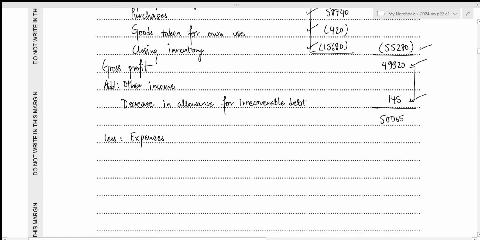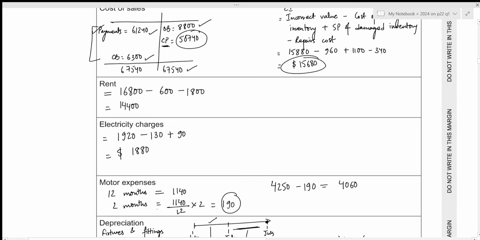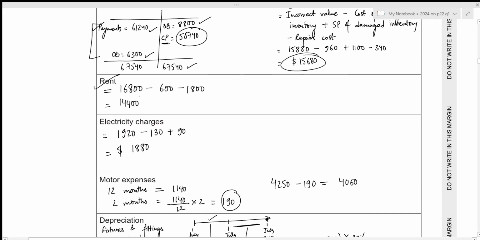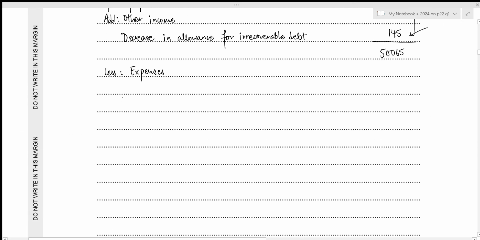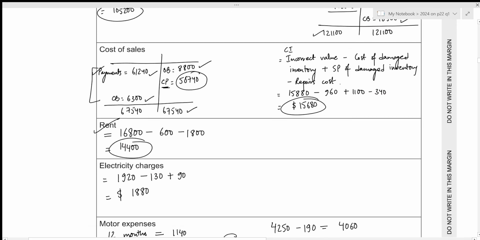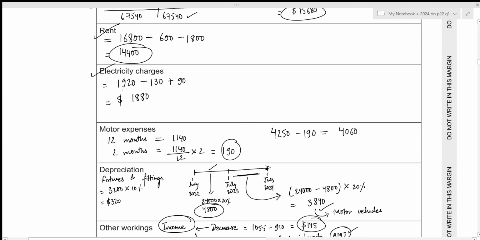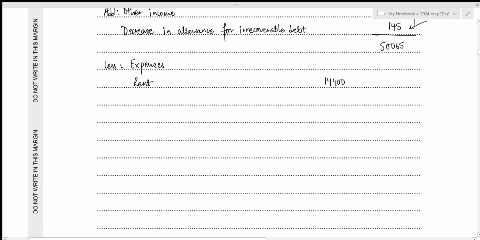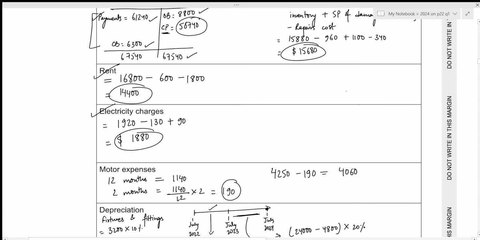Okay. So let us first include the expenses that we have already calculated. That will be rent of 14,400. Then we've also calculated electricity charges of 1,880. Then we have calculated motor expenses of 4,060.